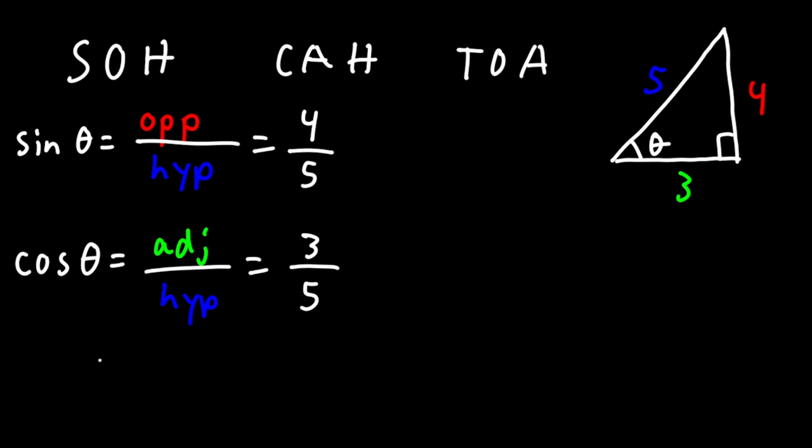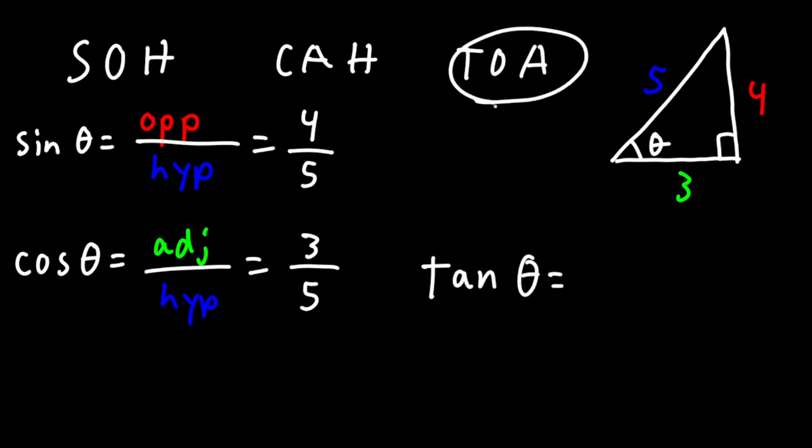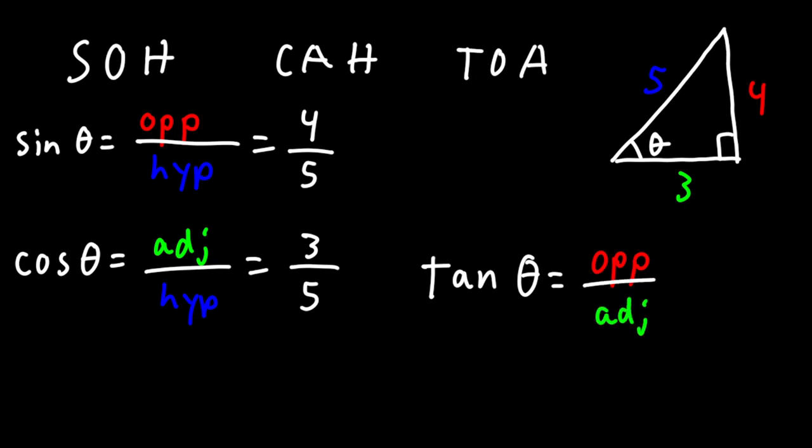Let's solve for tangent of theta. What exactly is tangent? Try to figure this out on your own with TOA. Feel free to pause the video. Tangent is opposite over adjacent. Notice that similar to so and ca, TOA is also related with tangent.